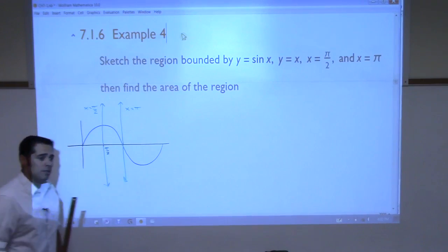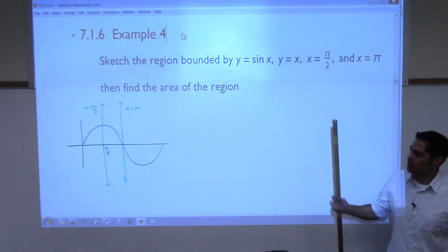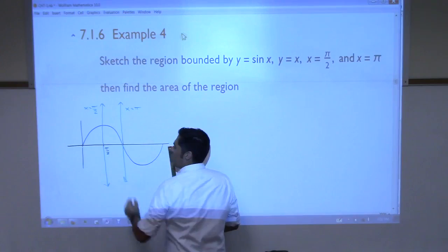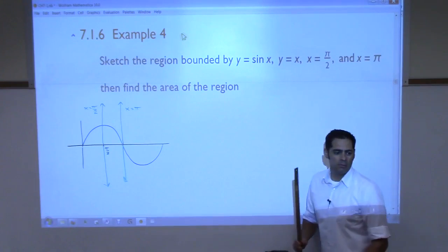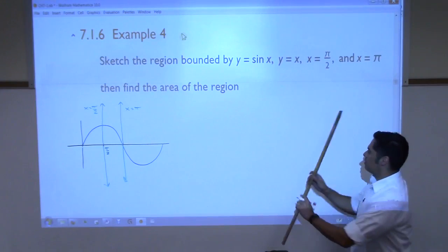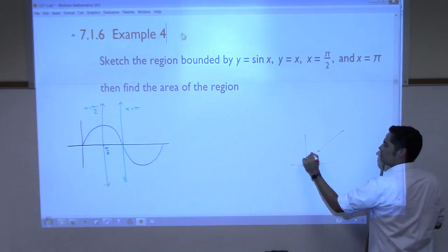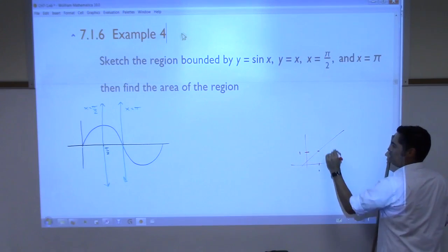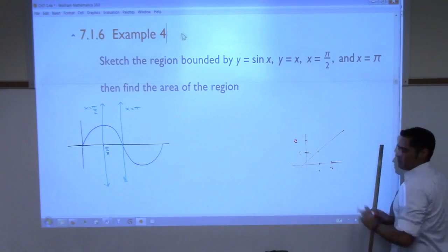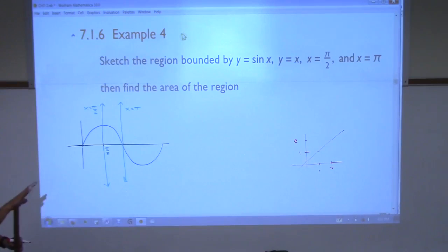And there's one easy way to do it. If the function is y equals x, then what's the value of this function at pi over 2? Pi over 2, right? So when I draw a diagonal line, at 1 it's 1, at 2 it's 2, and at pi over 2 it's pi over 2. So what is pi over 2, approximately?